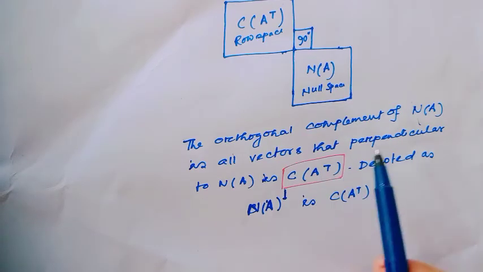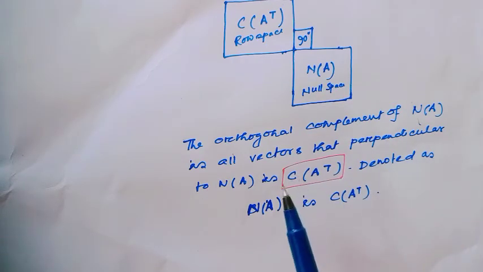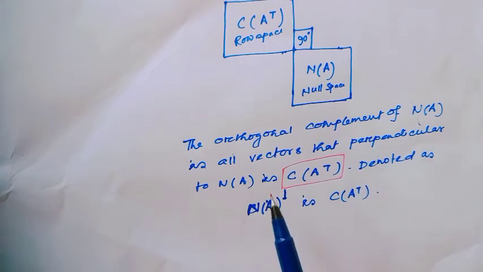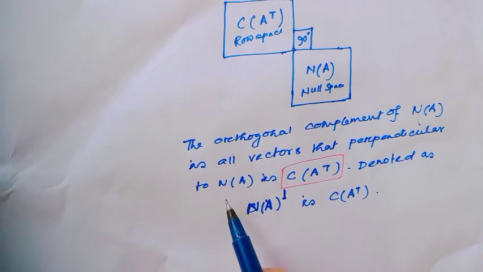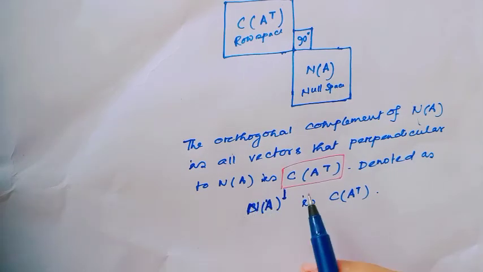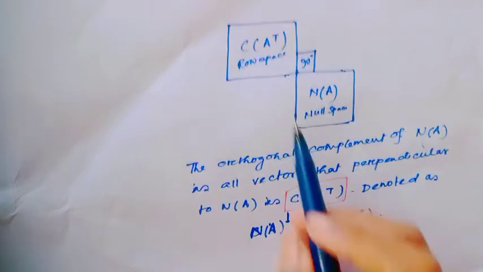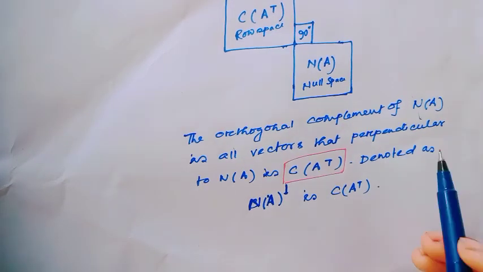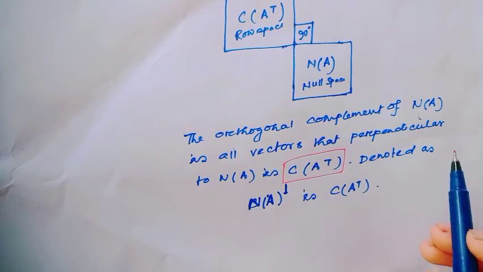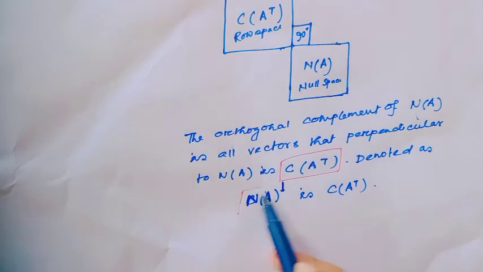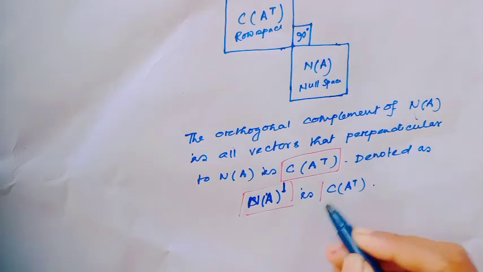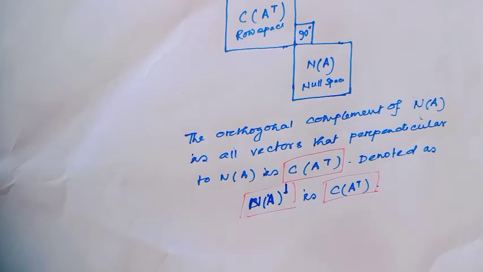That means the orthogonal complement of the null space of A is all vectors perpendicular to the null space of A, which is actually the column space of A transpose, that means the row space. Therefore, the orthogonal complement of the null space of A, denoted null perp, is the column space of A transpose, which is actually the row space.